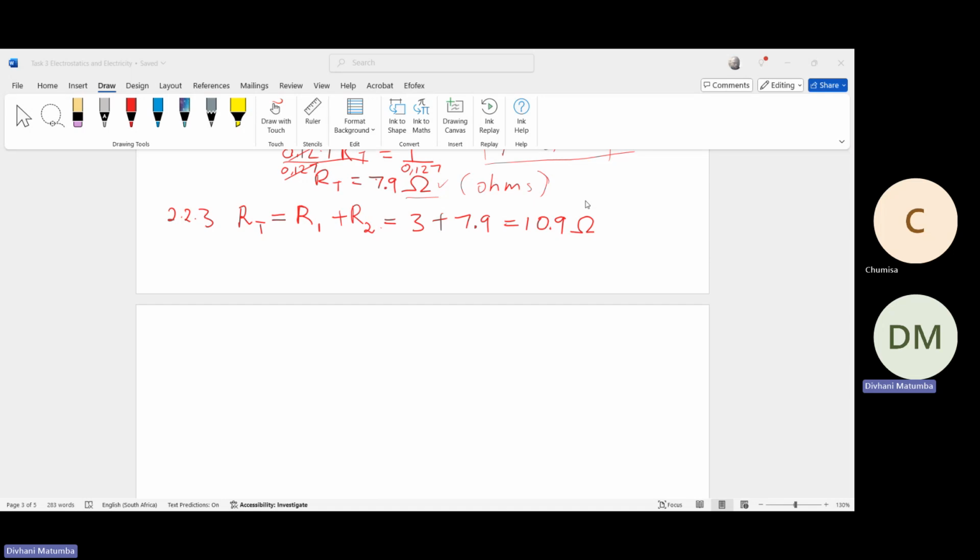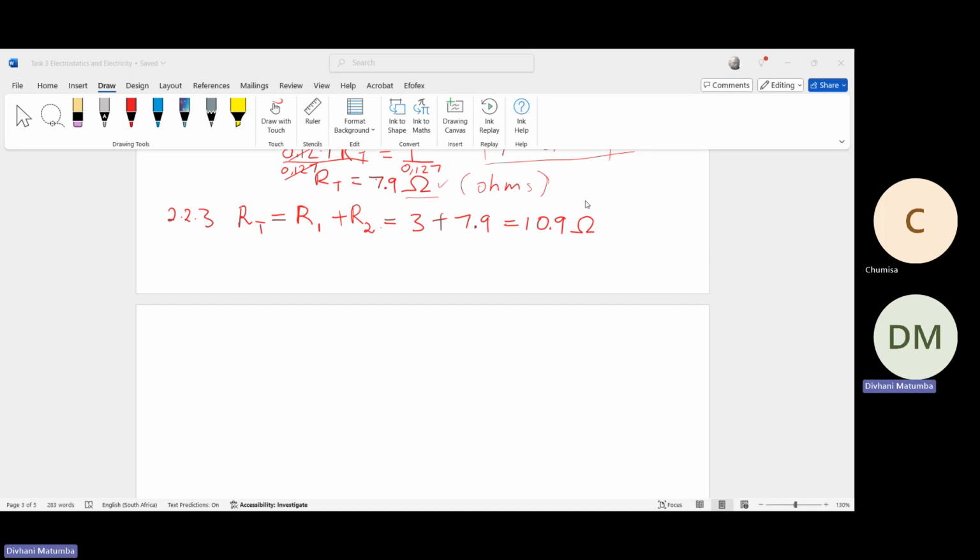So resistance in series is given by RT equals R1 plus R2. If there's another resistor in series, it will be plus R3.